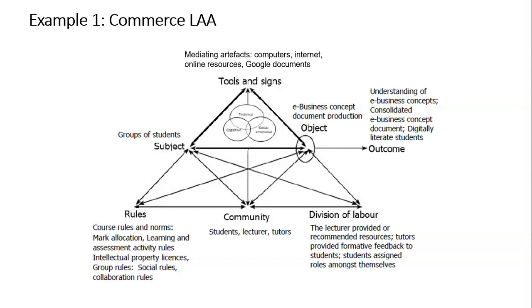Then for this particular activity, there is also the mark allocation, thinking about the roles of the activity as well, because we give the students instructions on what to do. And then, of course, working with different resources, they are also thinking about copyright and intellectual property licenses.